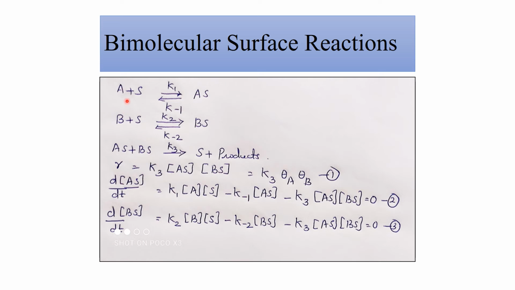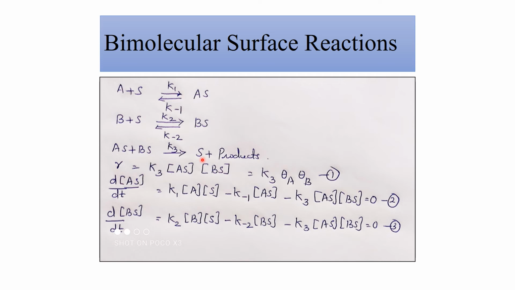That is, A plus S gives AS, that is a reversible reaction. B plus S gives BS, that is also a reversible reaction. And finally, AS reacts with BS to form S and product, where S is the vacant site on the surface.